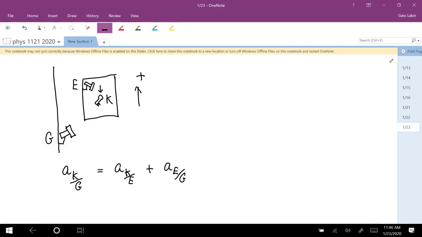Are you with me on that? And this is the one that we're trying to calculate: how much the elevator is accelerating according to the camera that's mounted to the wall.